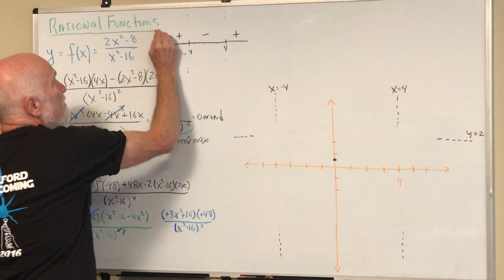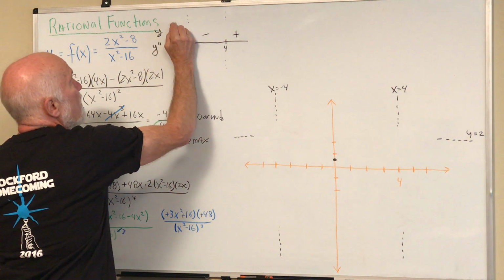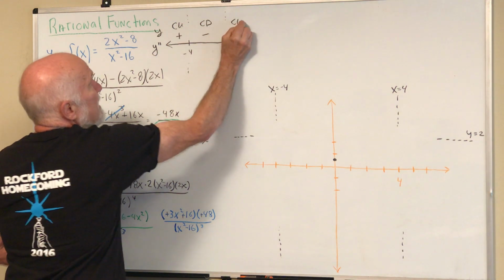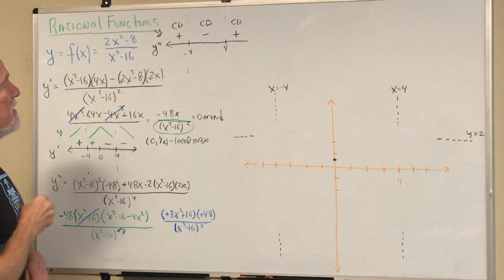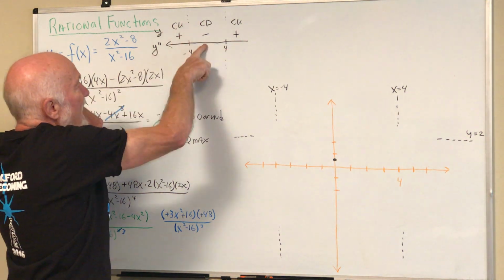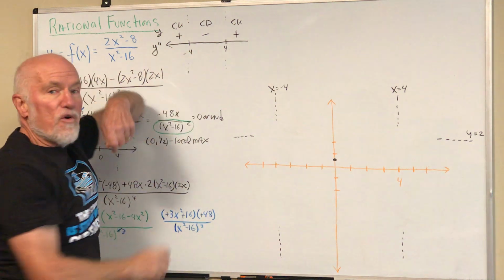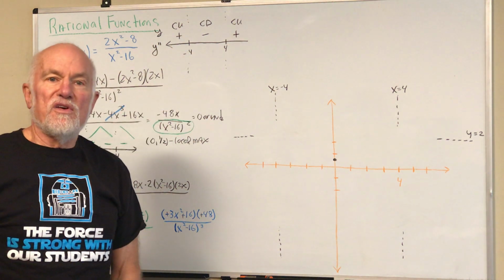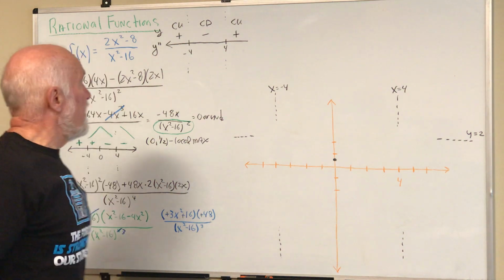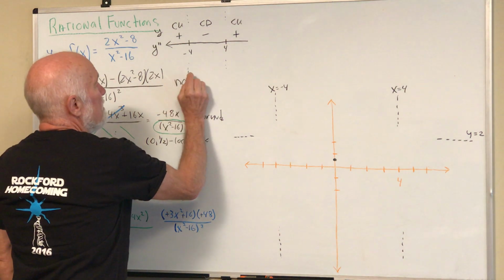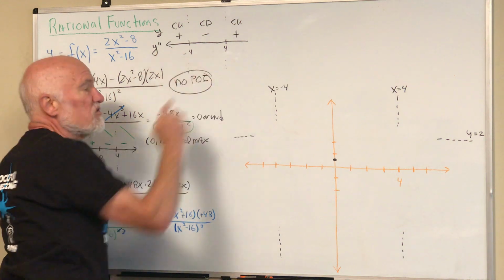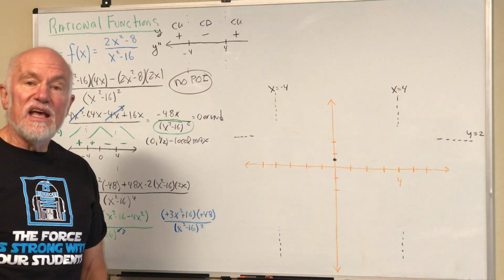So that means that the function y is going to go concave up, concave down, concave up. And even though the concavity changes at -4 and 4, those are asymptotes, so there are no points of inflection. But this is still going to help us because it tells us the concavity.